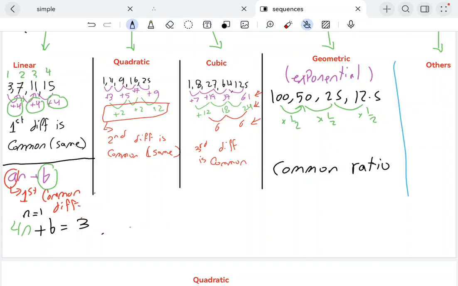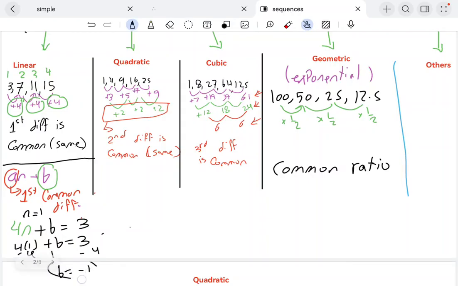So 4 times 1, 4, plus b equals 3. Then subtract 4, you'll get b equal negative 1. So what is the nth term?